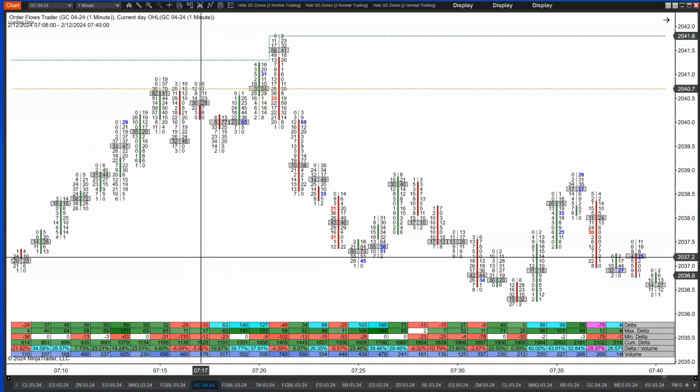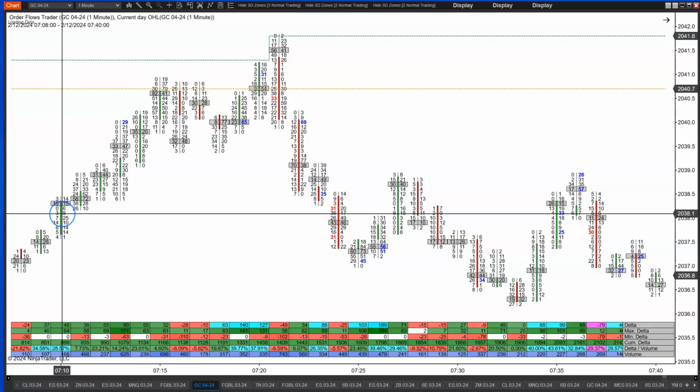Let's just pause for a second. If you have aggressive buying moving the market higher, generally, what do you expect to see? You expect to see positive delta, because the aggressive buying is overwhelming the aggressive selling. That's what's causing the delta to be positive.